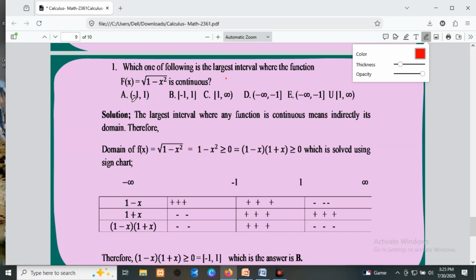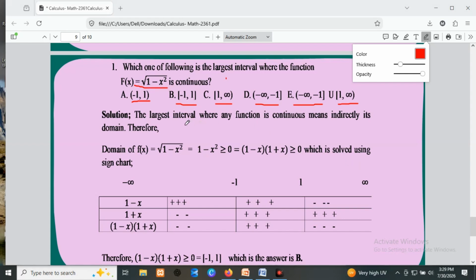A, open interval minus 1 up to 1; B, closed interval minus 1 up to 1; C, closed interval 1 up to infinity; D, minus infinity up to minus 1 included; E, minus infinity up to 1 included, or 1 included up to positive infinity. Which one of these alternatives is the largest interval where this function is continuous?